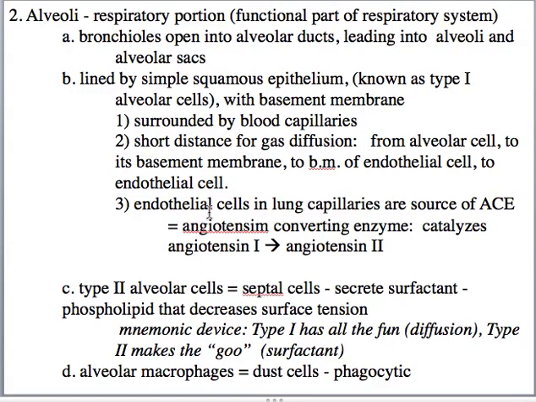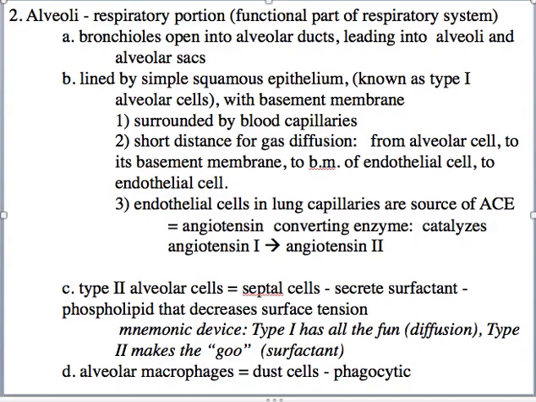Endothelial cells are also important in your lung capillaries because they are the source of ACE, or angiotensin converting enzyme. This enzyme catalyzes the conversion of angiotensin 1 to angiotensin 2. And again, this is happening in the alveoli.